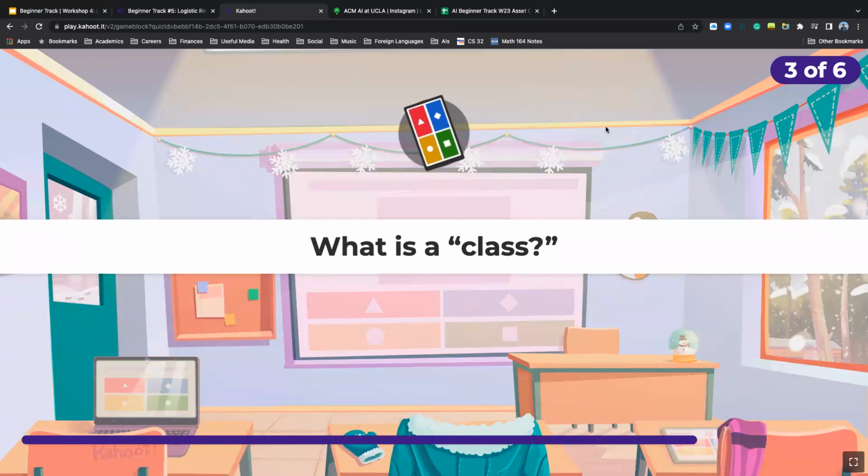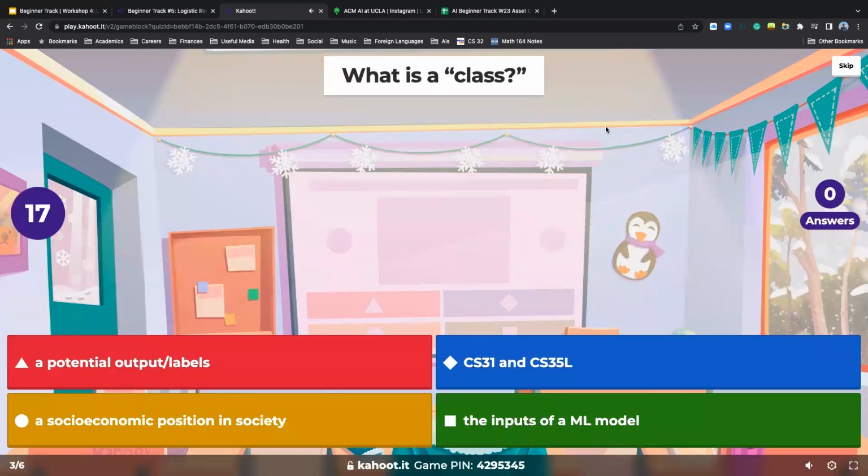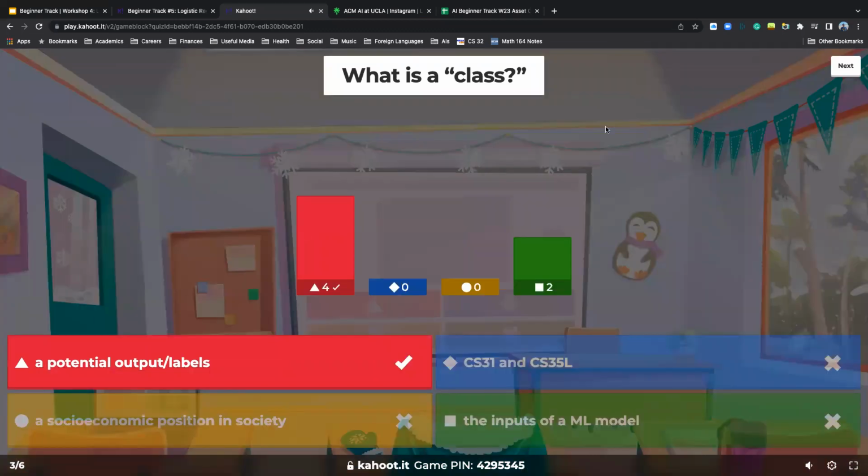All right, what is the class in the first place? Wait, the input's just the data, right? Okay, someone want to explain why they picked red and also why they didn't pick green? Either or. It's for candy as well. There's 4 of you who picked red. Going back to the previous example, best professor, you have several options to choose from, and that's basically what the class is.